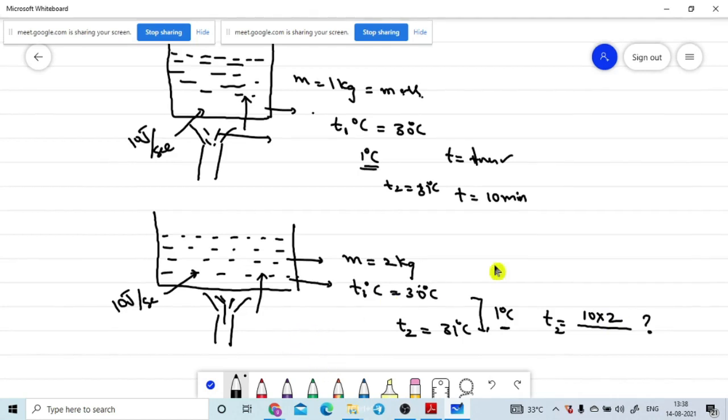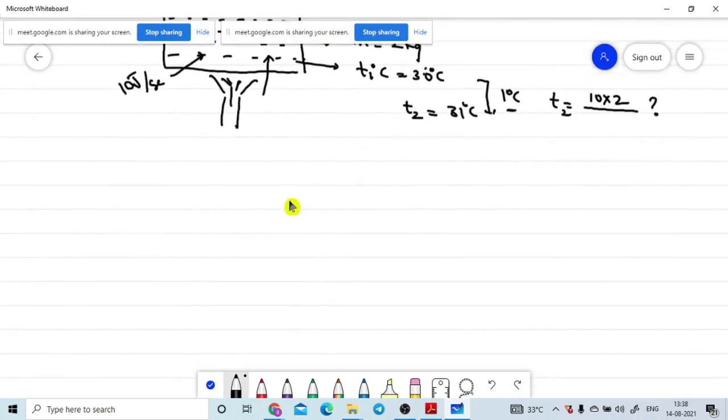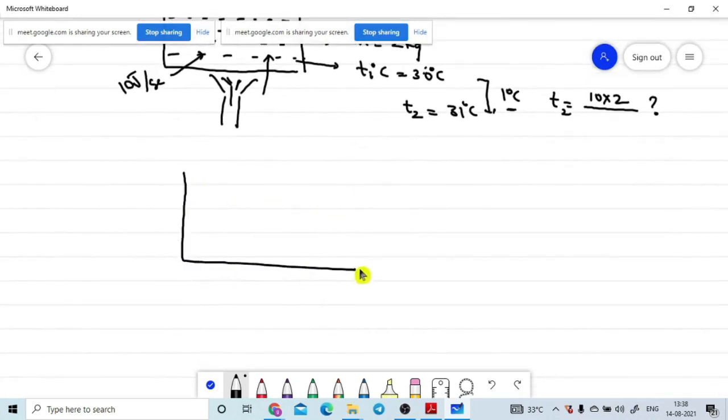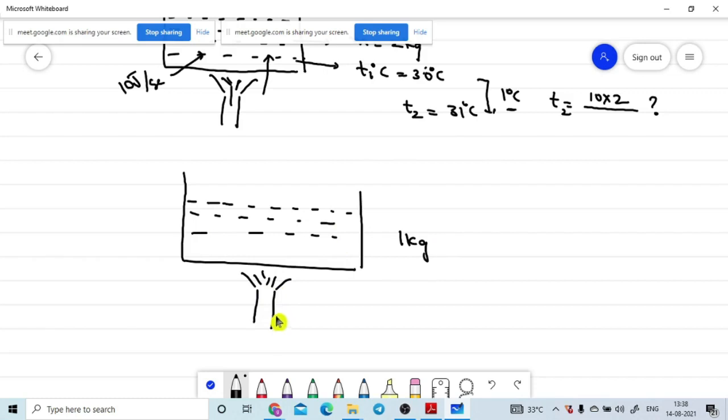Now in the third case I perform the experiment in the same manner as the previous case. I take the vessel having only 1 kilogram of water, with the same burner, the uniform heating element.